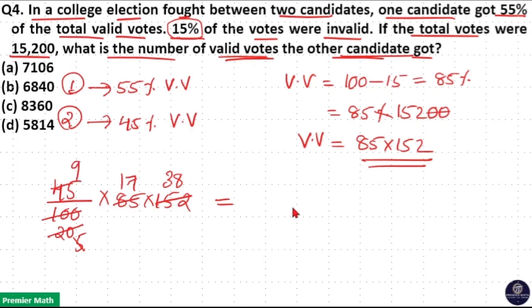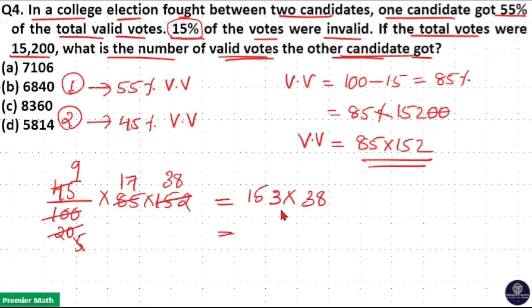Now 5 9s are 45. Now 9 into 70, 9 7s are 63. 9 into 1 plus 6 is 15. Into remaining is 38.